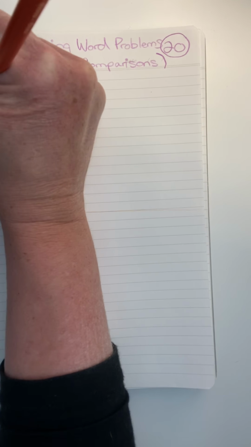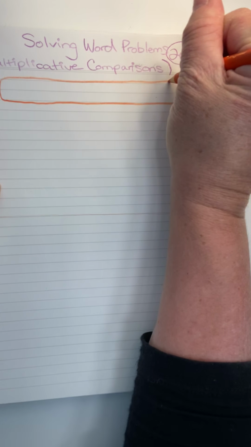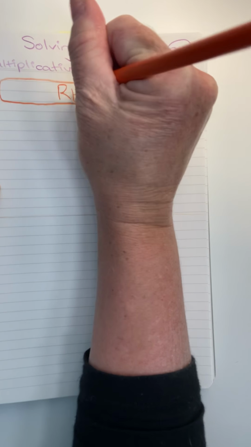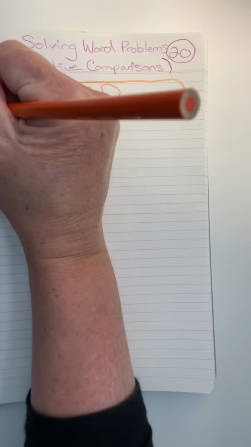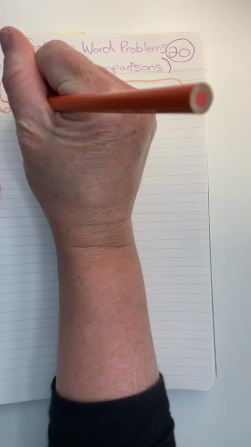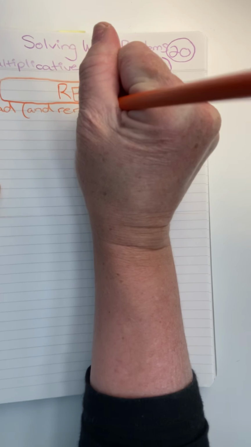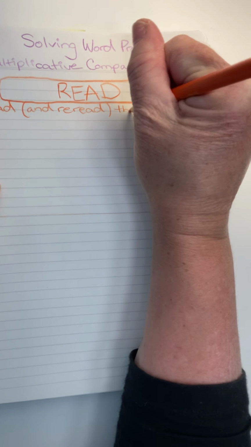So our first step, number 1 in a circle, we are going to draw a box. And we're going to title it Read in capital letters. And under that we are going to say read, and in parentheses, and reread the problem for understanding.